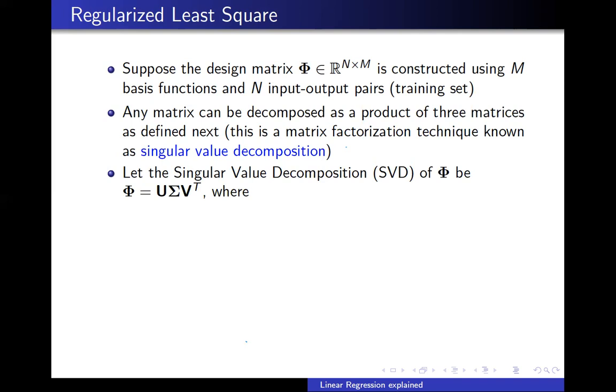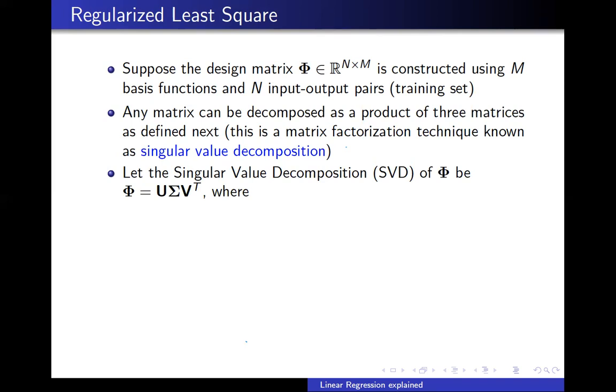And that will have some effect on how we can take the inverse of the matrix phi transpose phi. And that is something we are going to study next from the lens of singular value decomposition.